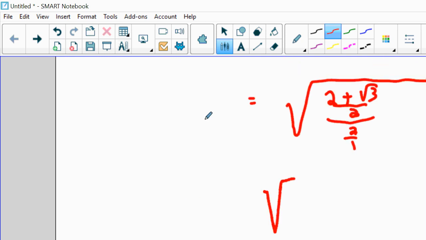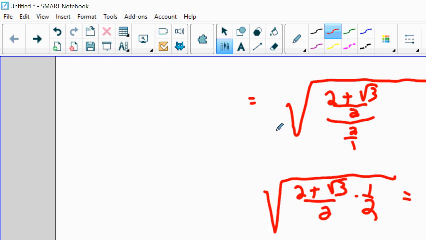Crisscross applesauce, which is the square root of 2 plus the square root of 3 over 2 times 1/2, which is 2 plus the square root of 3 over 4, which is the square root of 2 plus the square root of 3, over 2. Disgusting.